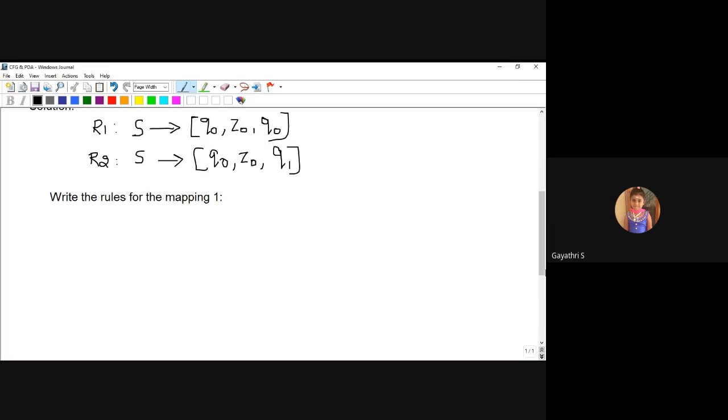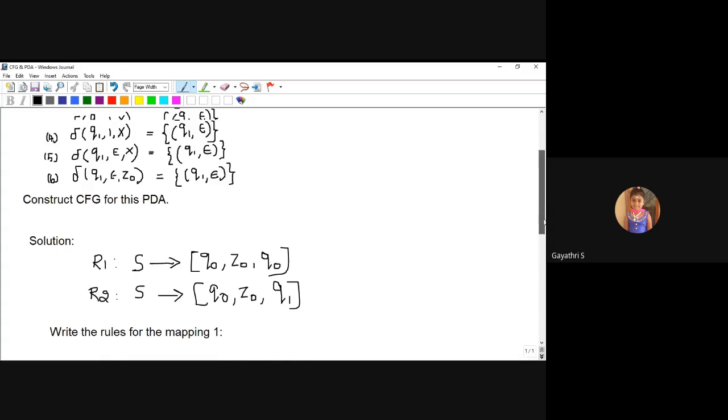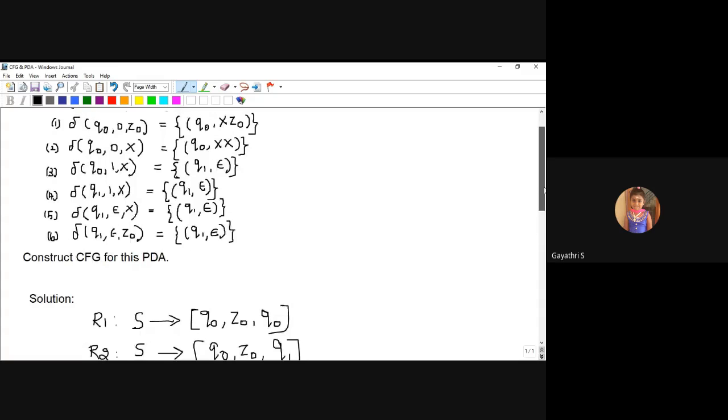Four rules are possible for the first mapping, because here the number of variables in x z naught is 2.